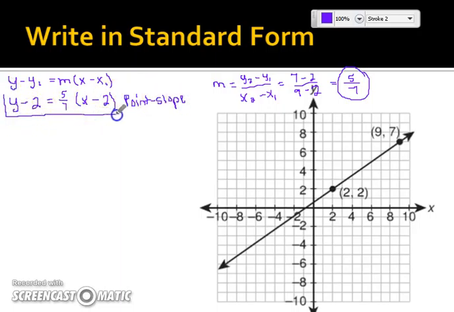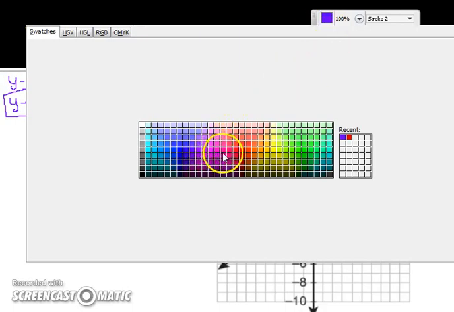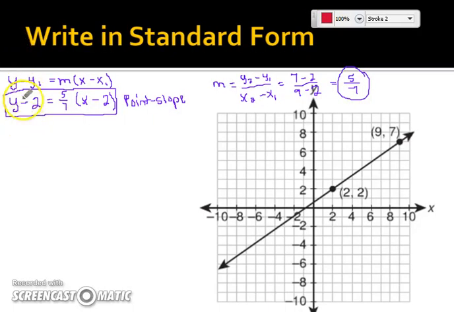So here is the equation in point-slope form. To write it in standard form, you need to multiply through the slope and work to get your y by itself. So I'm going to change my color while I switch to the different type of equation. So y minus 2 equals 5/7 times x minus 2.